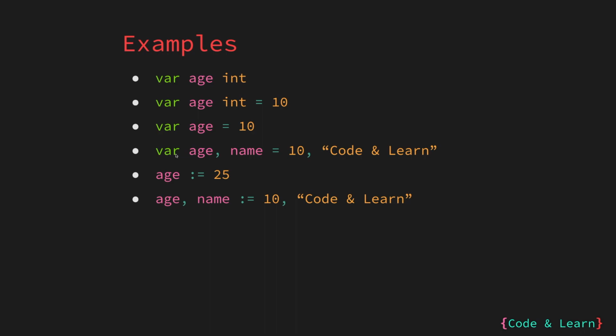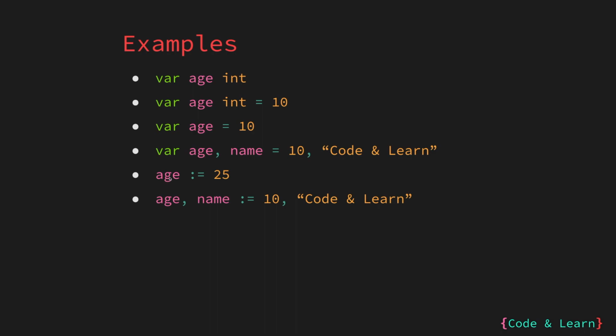You can also do multiple variables assignment on one line. For example, var age, name = 10, "code and learn". So age will be assigned the value 10 and name will be assigned the value code and learn. Age will be of type int and name will be of type string.